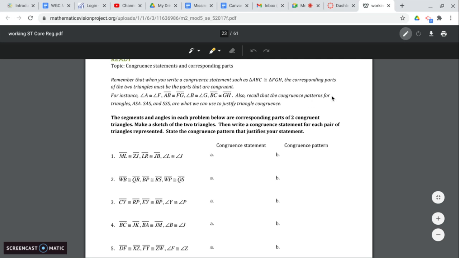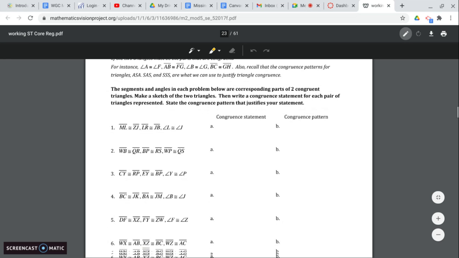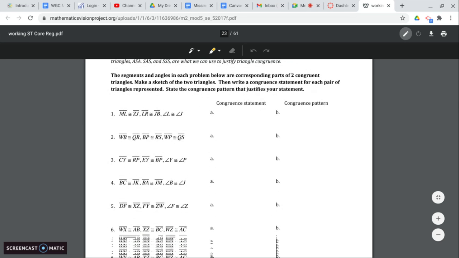Also recall that the congruence patterns for triangles, angle, side, side, and side, side, side, are what we can use to justify triangle congruence.